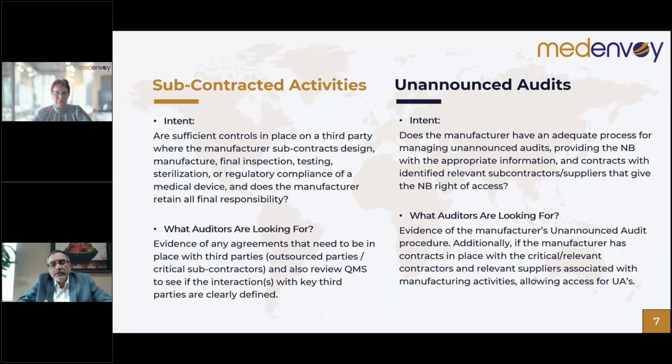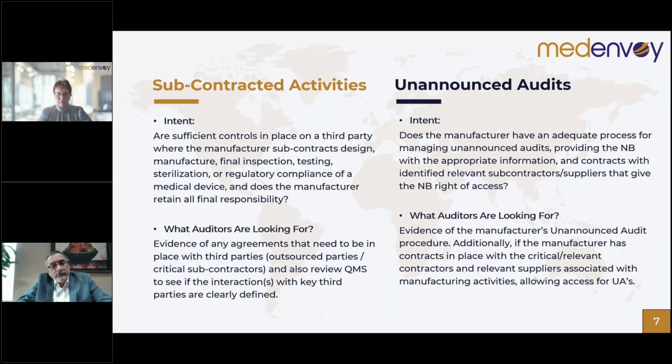Whenever you have an auditor on site, of course you have to arrange meeting rooms or whatever logistics you need to prepare, but be mindful that any undue delay can go against you. Their intent is to be on the manufacturing floor as soon as possible, not later than 30 minutes. So your procedure should have indication of those elements.